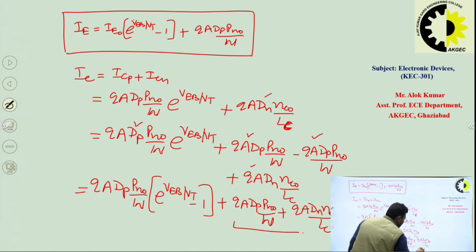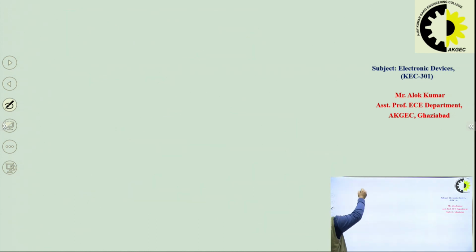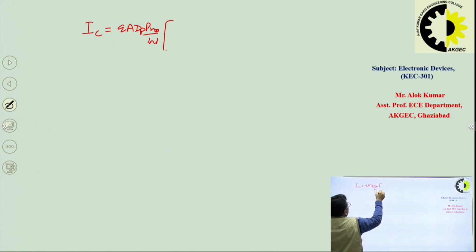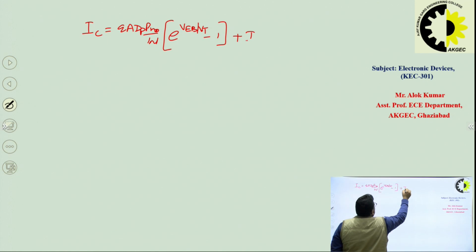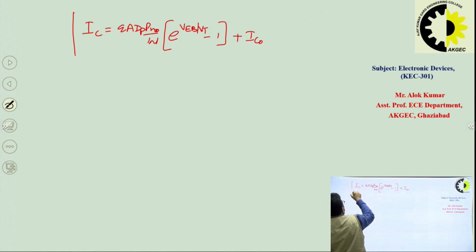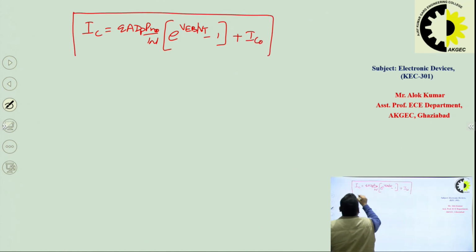This is nothing but IC naught. So the final value of IC will be QA dP Pn naught upon W into e to the power VEB upon VT minus 1 plus IC naught. This will be the final value of the collector current, right?